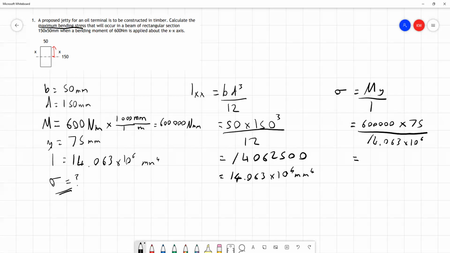This gives us an answer of, with a bit of rounding, 3.2 newtons per millimeter squared. So that's how we find our second moment of area, convert our units, and use them to find the maximum bending stress in this question.